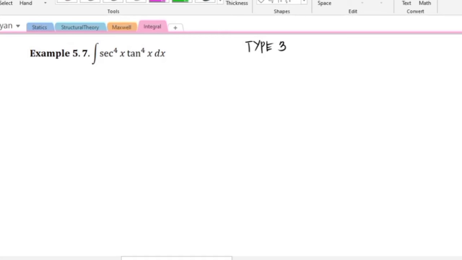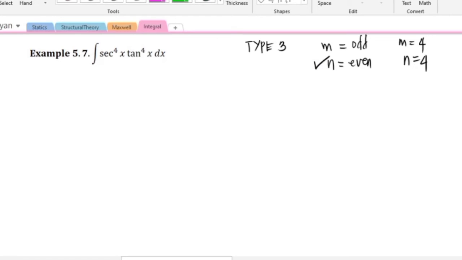So, check natin whether the exponent of the tangent is odd or the exponent of secant is even. So, saan to magpo-fall? Yung m natin is equal to 4 and your n is equal to 4. So, dito siya magpo-fall. Your n is equal to 4.